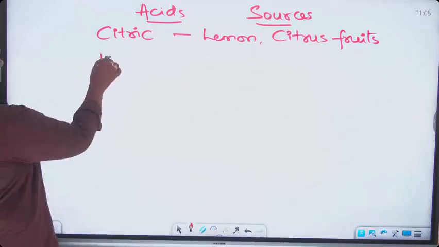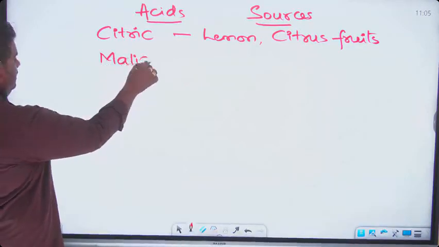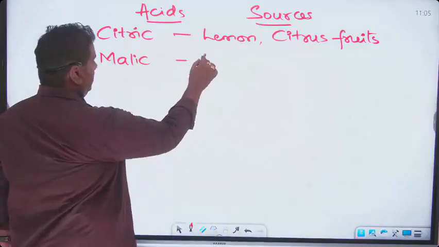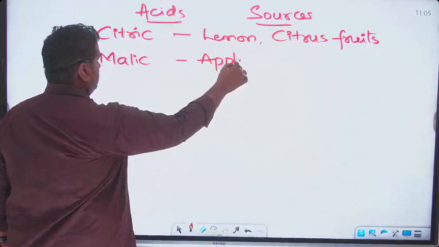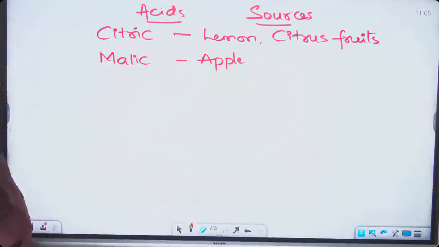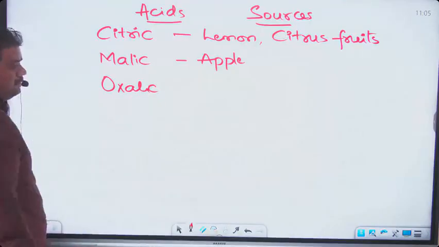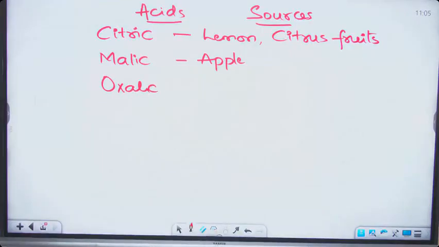Malic acid, apple. Oxalic acid, tomato, watermelon, and spinach.